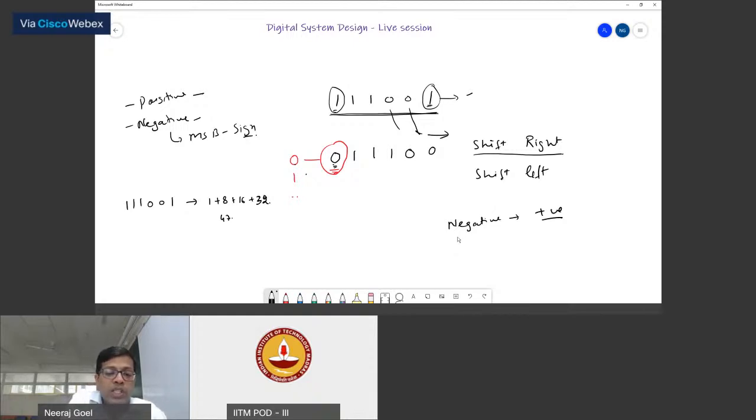And if we see this 0, 1, 1, 1, 0, 0, what does this number mean? This means 4 plus 8 plus 16. That means it is 28. If you see, 28 is approximately half of 47. Correct.